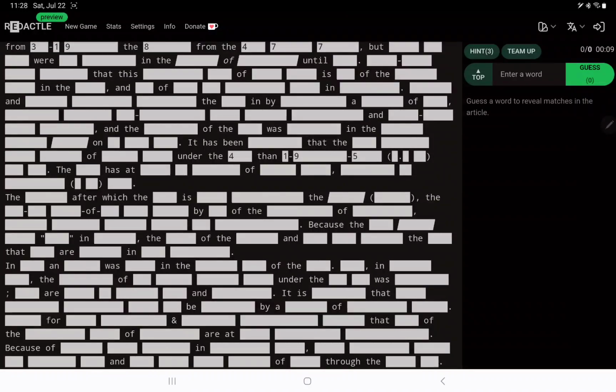Under the something, then 1-9-5, which seems to be some unit, some measurement. Is it like 1,000th or 1,000,000th?